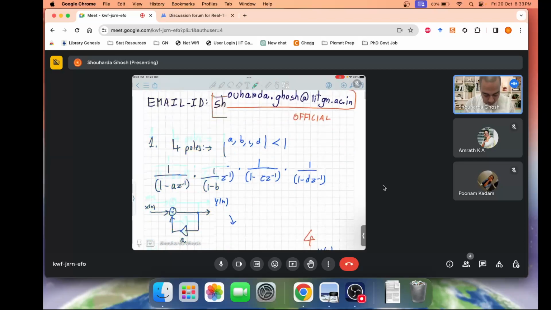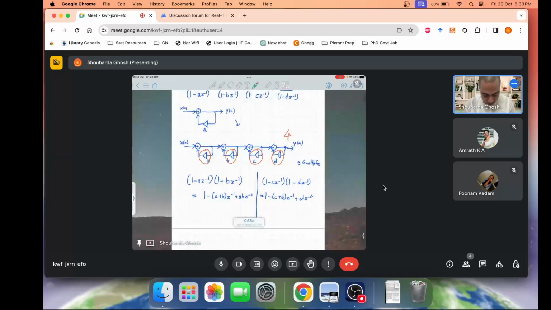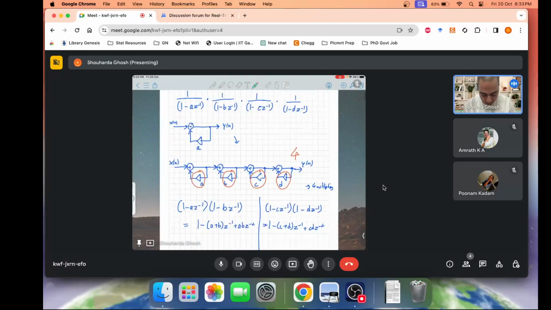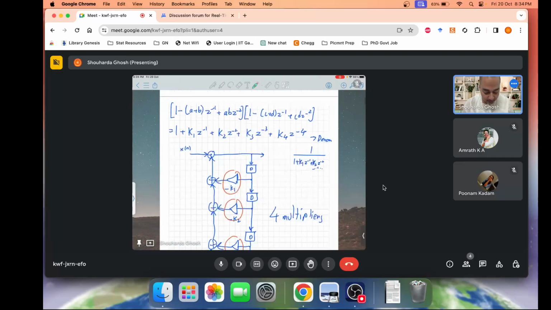Okay, so we are solving the question of how we implement multiple poles. So this is a unit delay system. Actually I should have given a D over here, and all of these are missing. So correction: all of them should have a delay element because Z inverse has to be implemented.